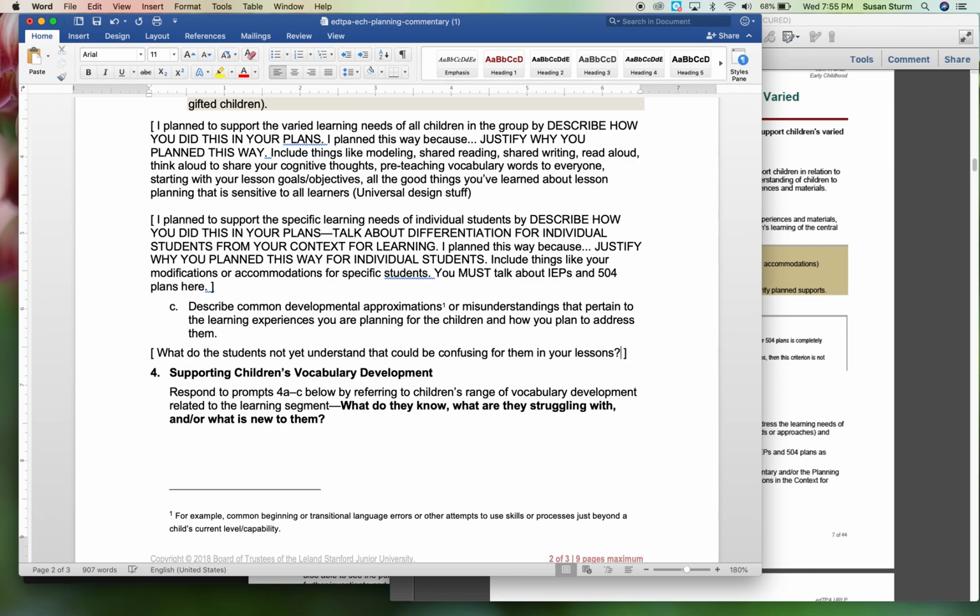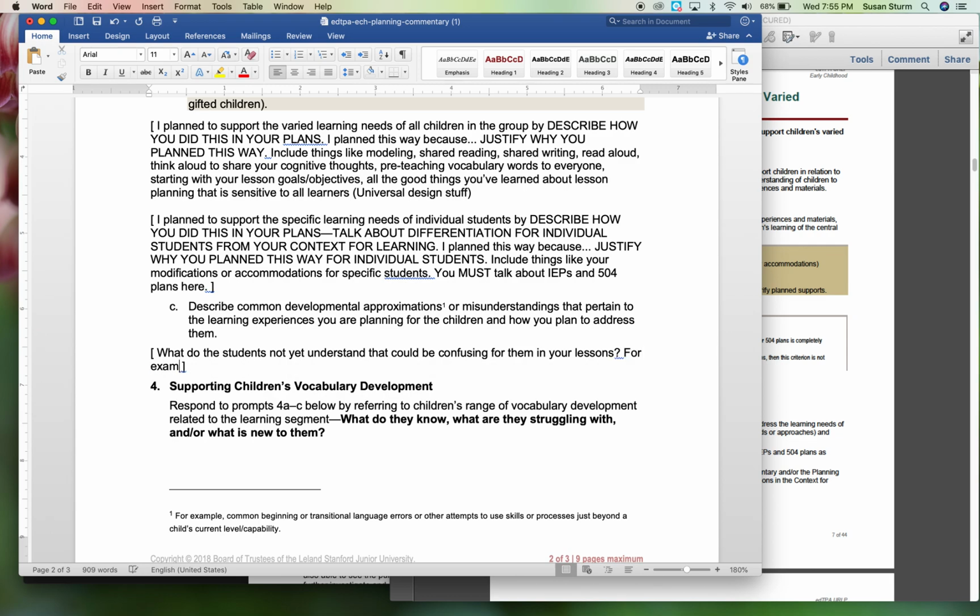So for example, you're going to give an example. Let's say that you are teaching descriptive language and you're asking them to think about how their 5 senses help them with the descriptive language, and they don't fully understand how the sense of touch relates to a word like sticky.